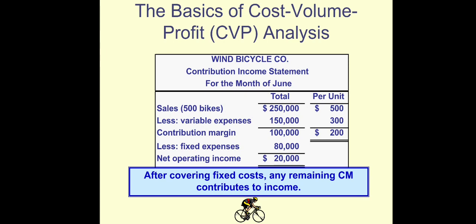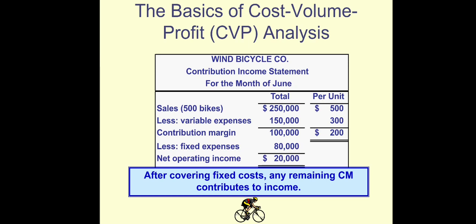If the contribution margin is higher than the fixed cost, then the business will make a profit. If the contribution margin is lower than the fixed cost, then the business will make a loss. If the contribution margin is equal to the fixed cost, then the business is making zero profit, no profit and also no loss.